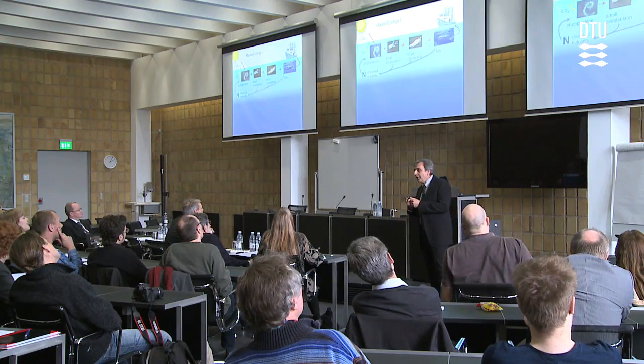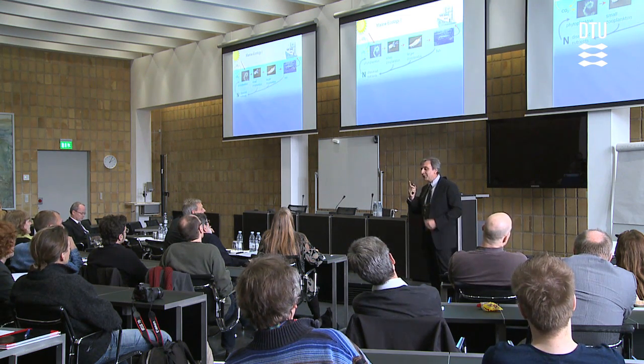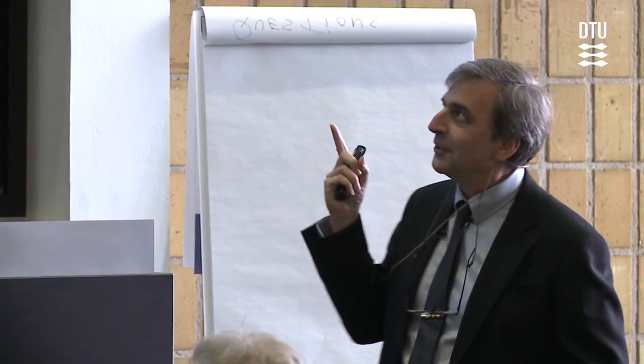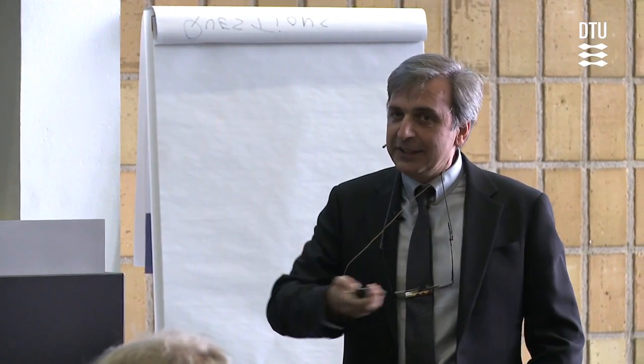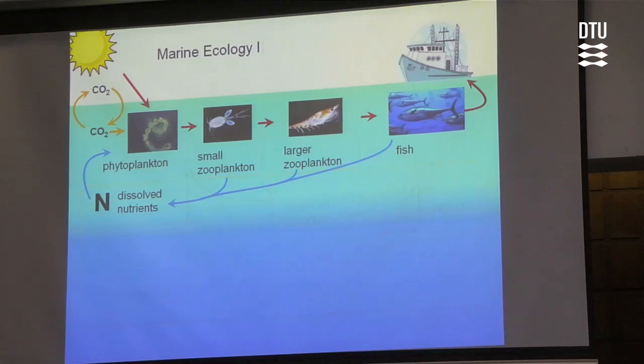Just to follow on that, this is a very highly simplified cartoon of a marine ecosystem. And just to put in context the environment that zooplankton live in, I thought I'd just go through this very quickly.